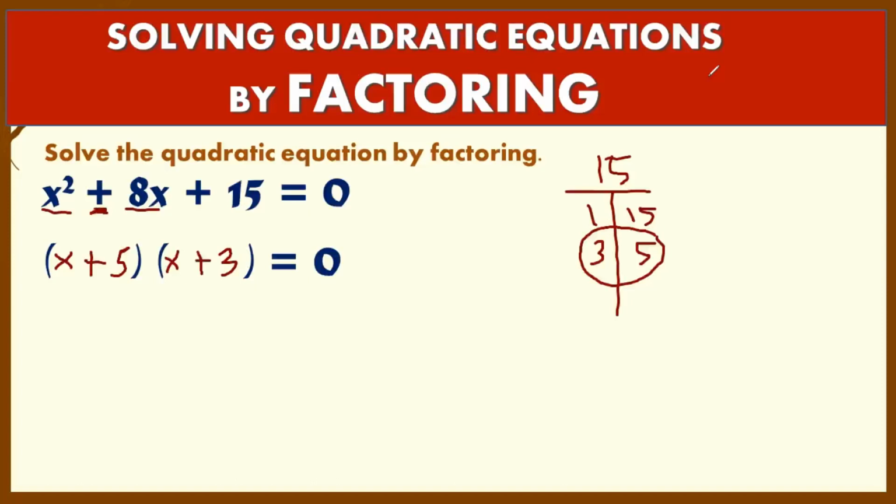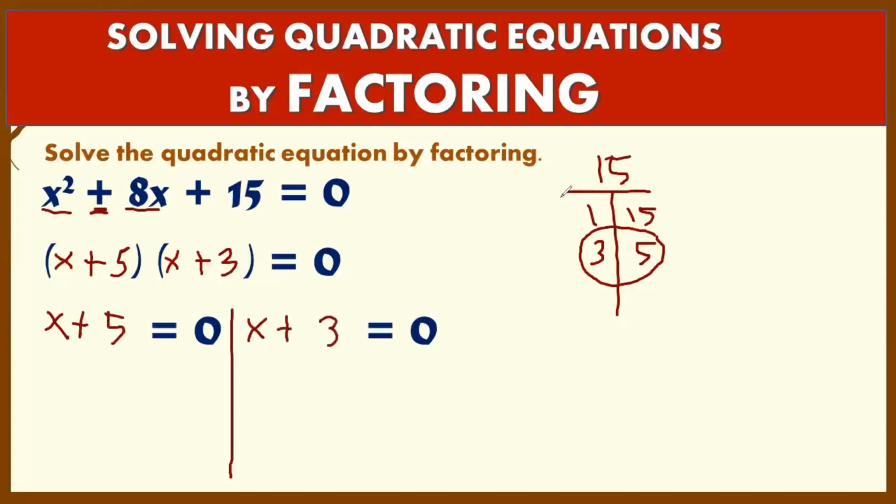So now we have these binomials, x plus 5 and x plus 3, in order to find our value of x. After which we are going to equate the two binomials to 0. So we have x plus 5 is equal to 0. Then the other one, we have x plus 3 is equal to 0.